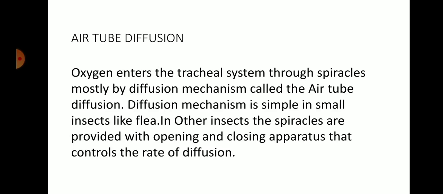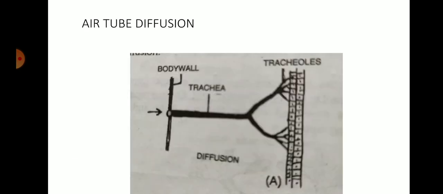Air tube diffusion: oxygen enters the tracheal system through spiracles, mostly by a diffusion mechanism called air tube diffusion. Diffusion is simple in small insects like the flea, and in other insects the spiracles are provided with opening and closing apparatus, generally called sphincters, that control the rate of diffusion.